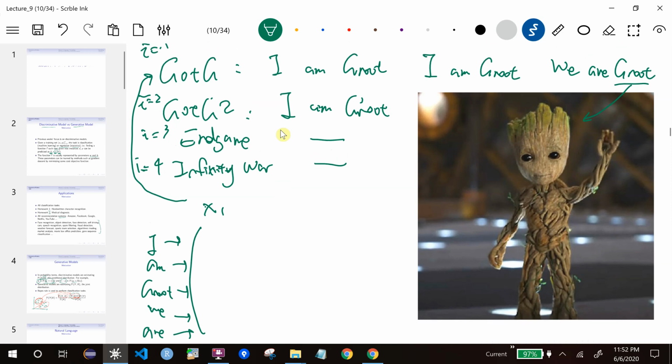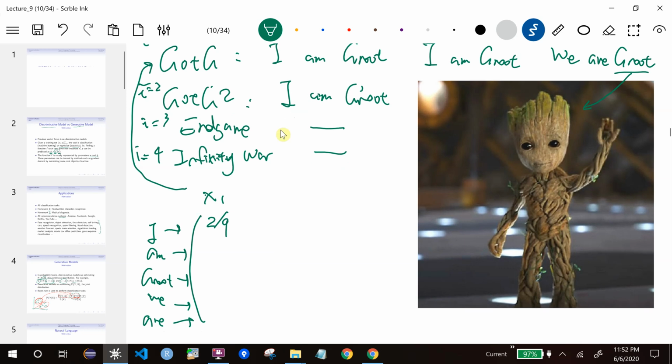I occurred twice, and there are in total 9 words. So that's the first value. I is twice over 9, and Groot is 1 over 3, because 3 times, and there are 9 words in total. And we, again, actually not twice, once. So that's our feature 1.